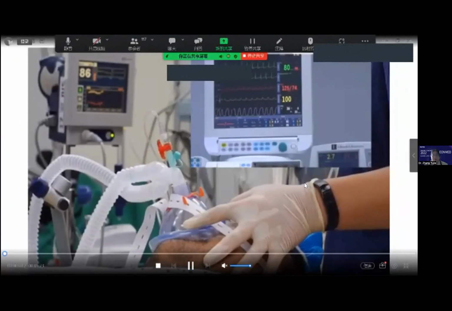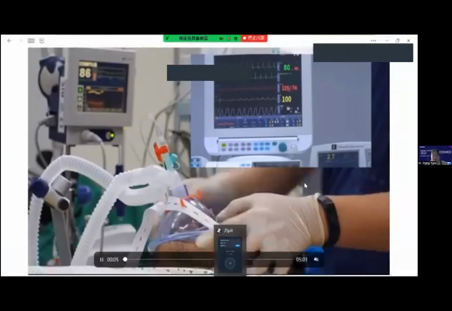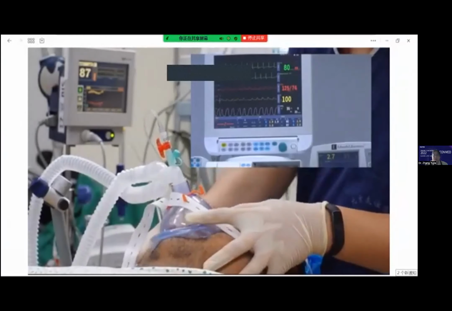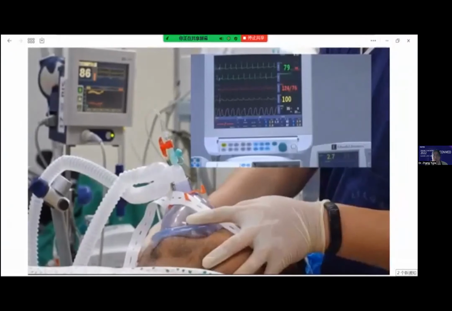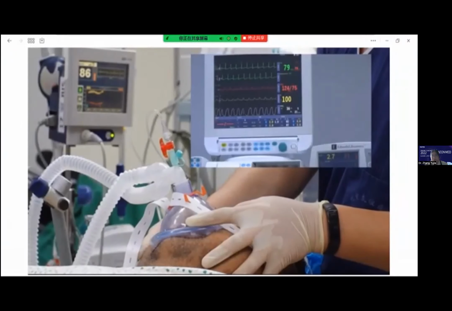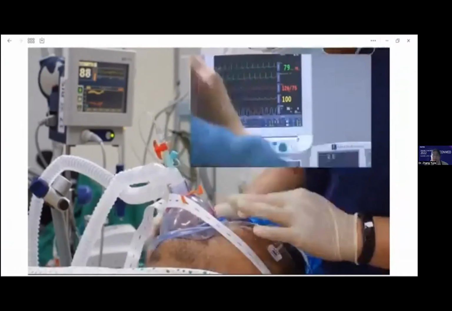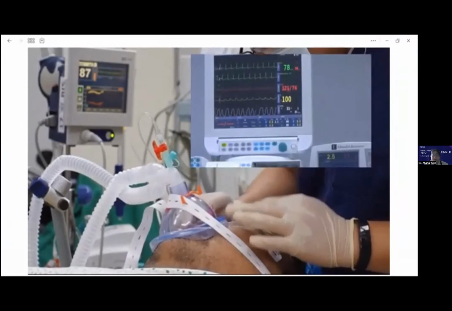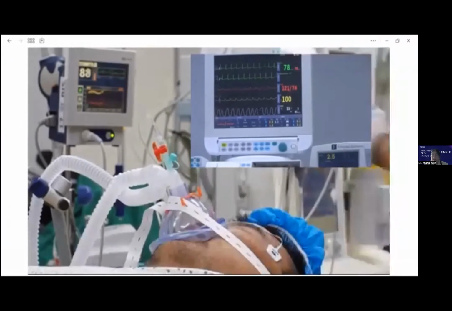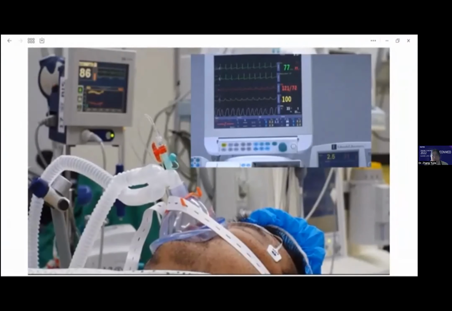Okay, thank you. We can see that. First, we use a mask to give the patient ventilation, and we can see we've already placed the IBP, BIS and Vigileo monitors on the patient, and the patient is now having his own spontaneous respiration.